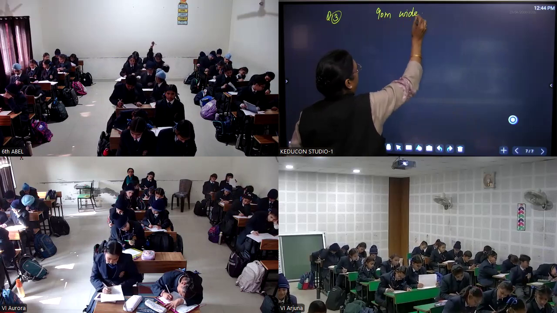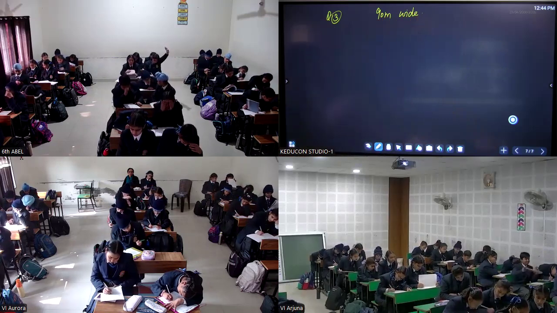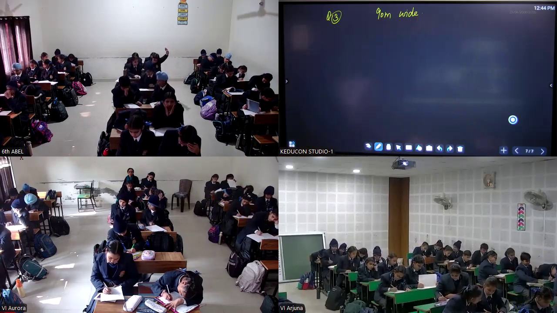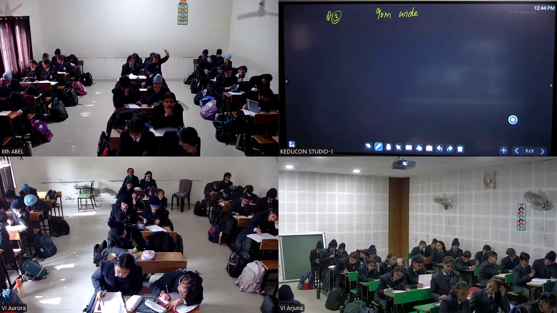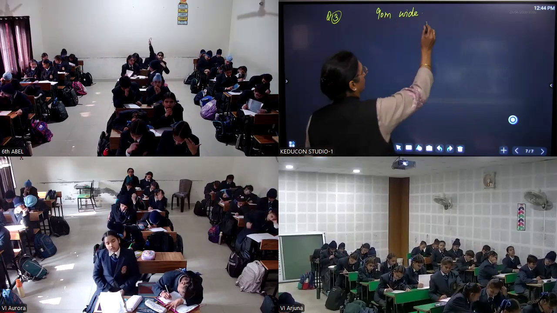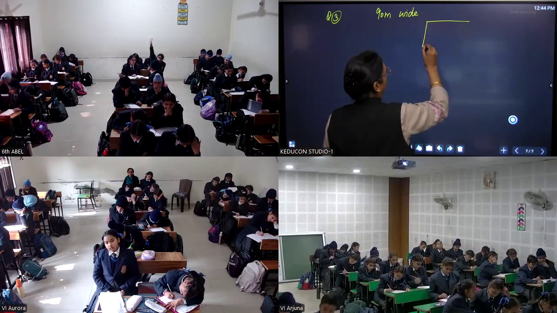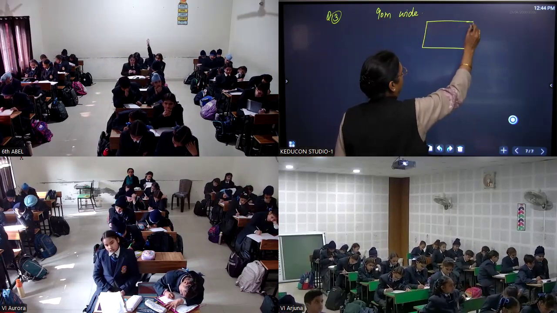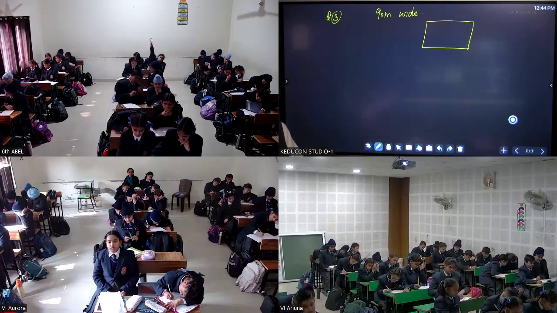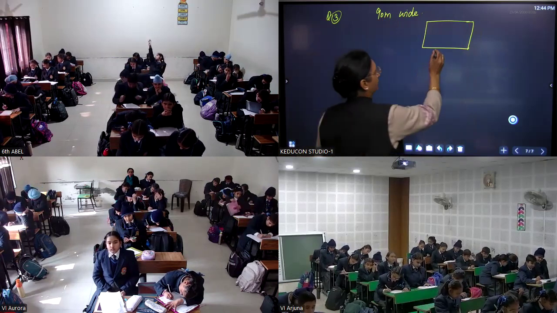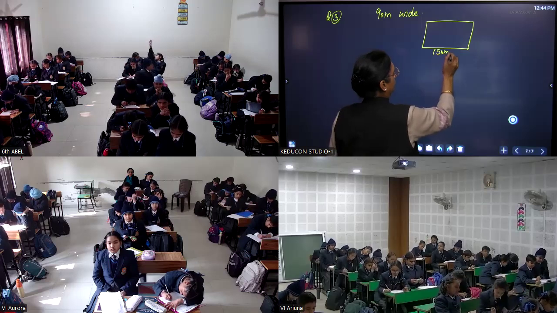Wide is missing in your module. It is given in this way. She completed 3 rounds of the park. Statement is given to you. There is a rectangle. Length and breadth is given to you. Width is given 90 and this is given 150 meters.